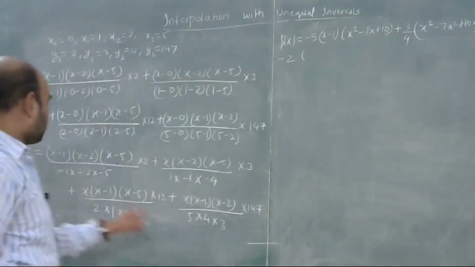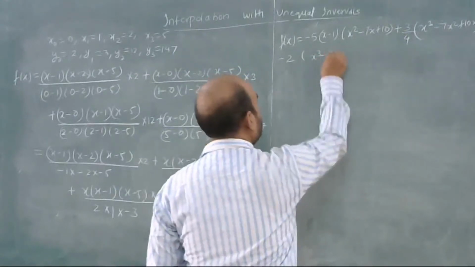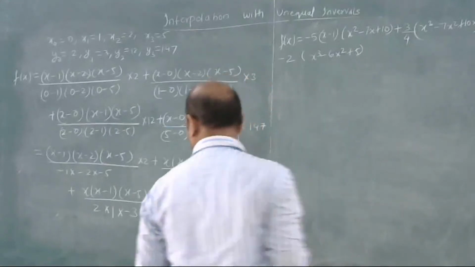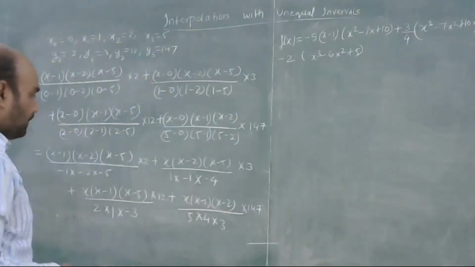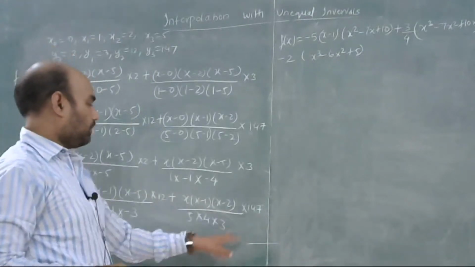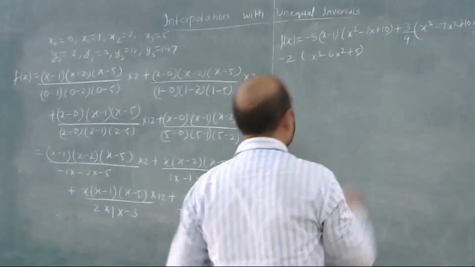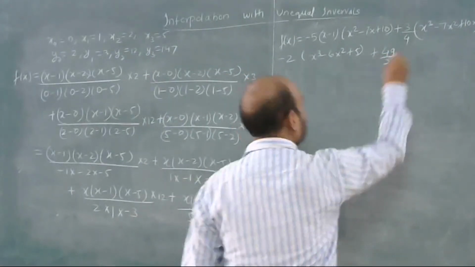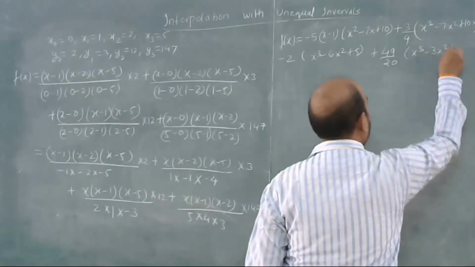And this is x square, so this will be x cube minus 6x square plus 5. Okay. Then it is 147, divided by 3 is 49. So this is 49 by 20 plus 49 by 20. This will be x cube minus 3x square plus.